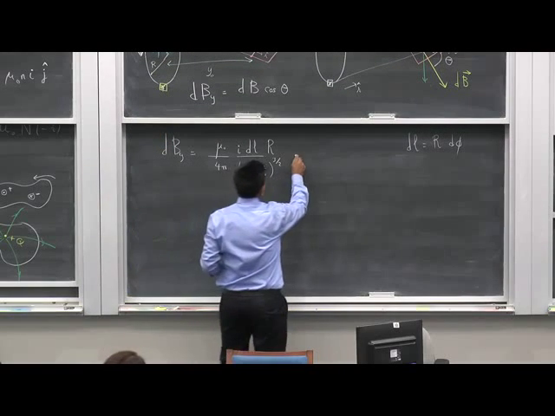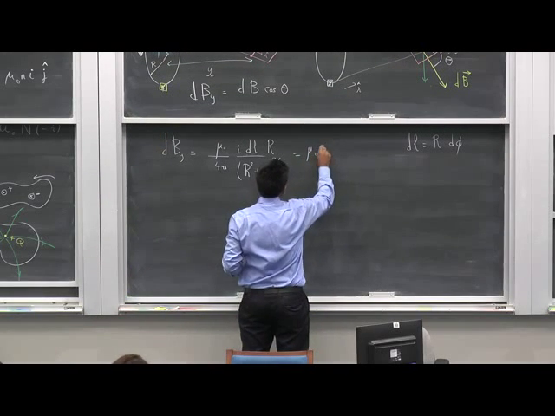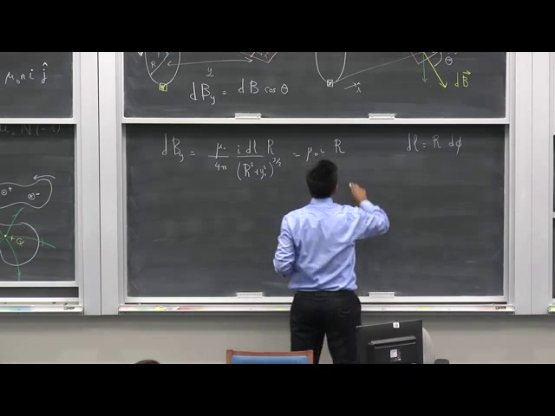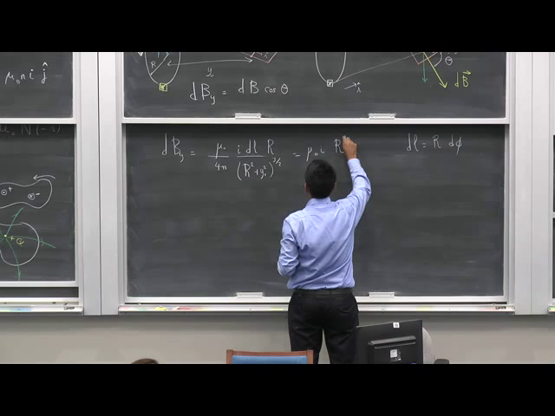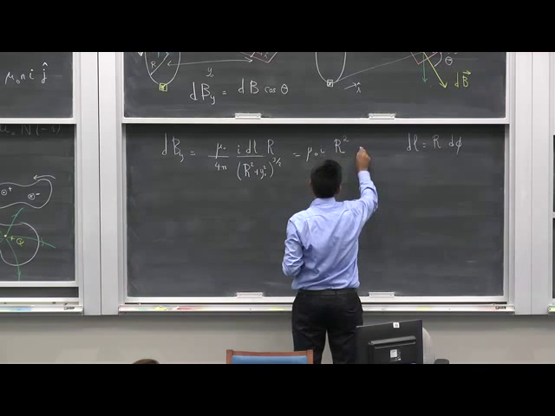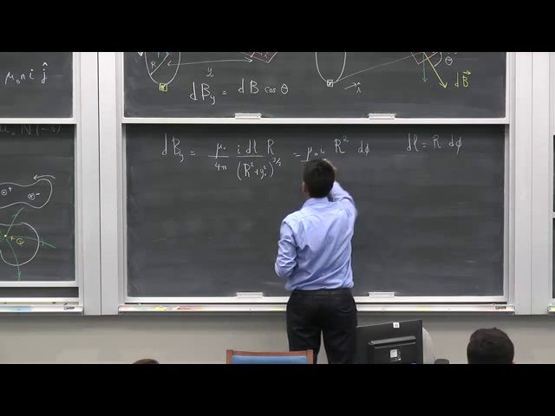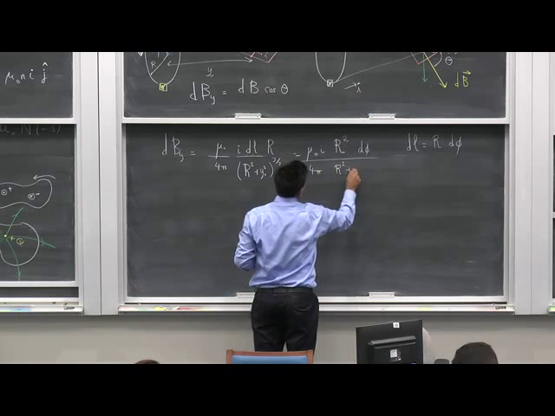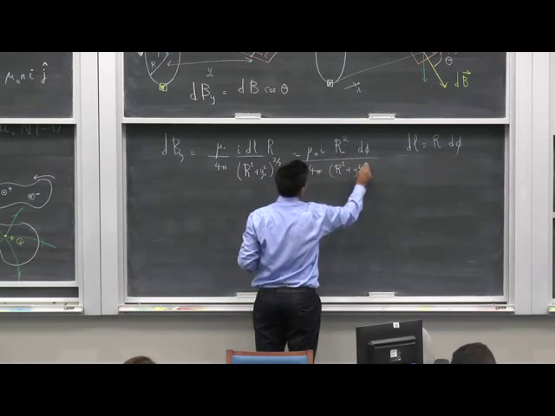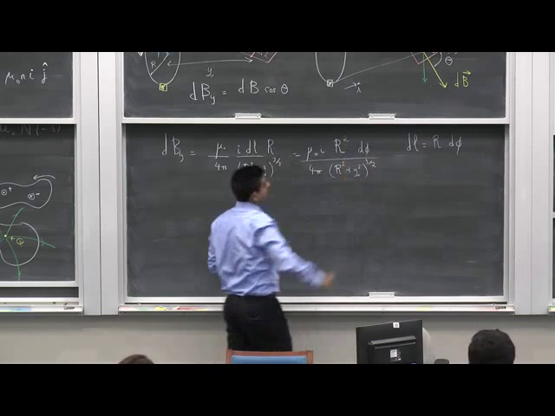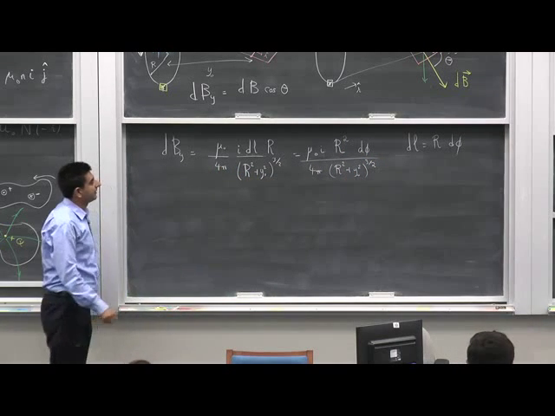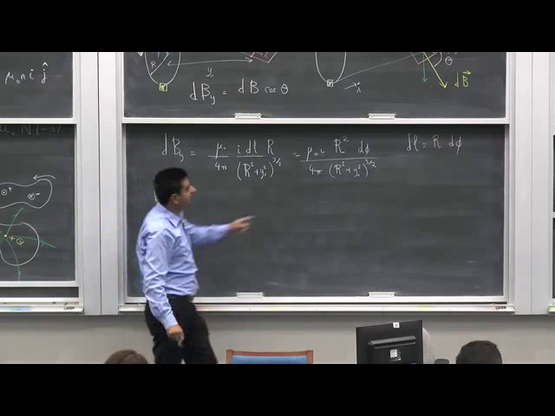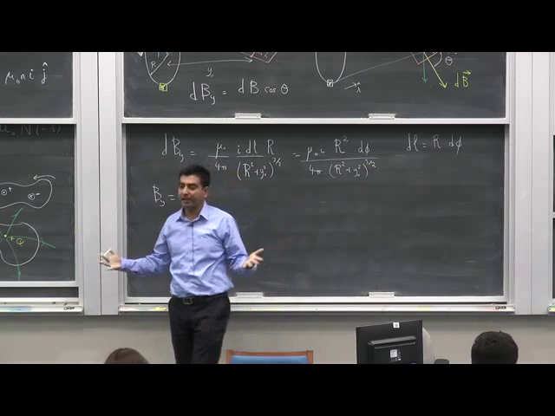Hence, this equals mu naught I capital R dl, and dl becomes r d phi. So this becomes mu naught I r squared d phi divided by 4 pi (r squared plus y naught squared) to the power 3 by 2. And if I were to find the total magnetic field Py, I will just integrate over d phi from 0 to 2 pi, and I will get 2 pi.